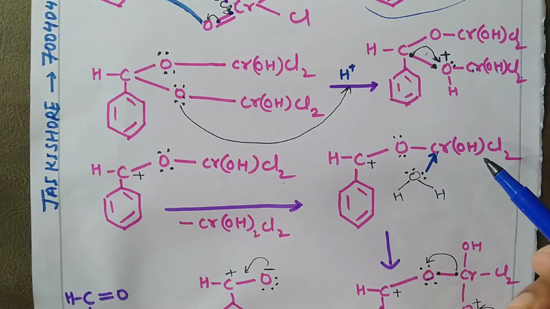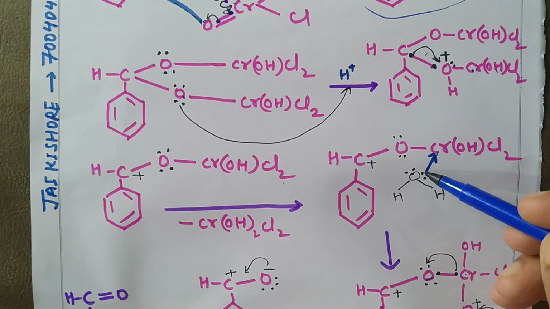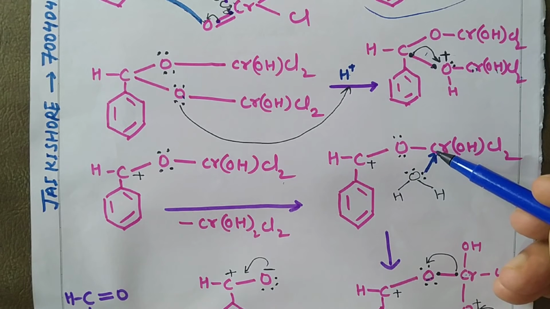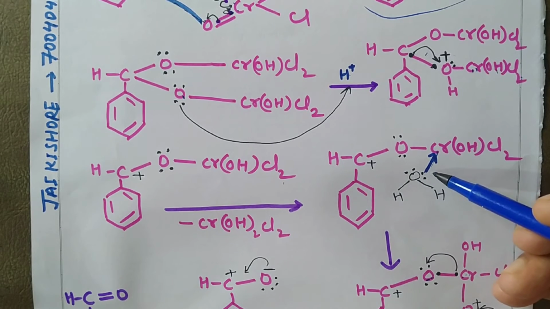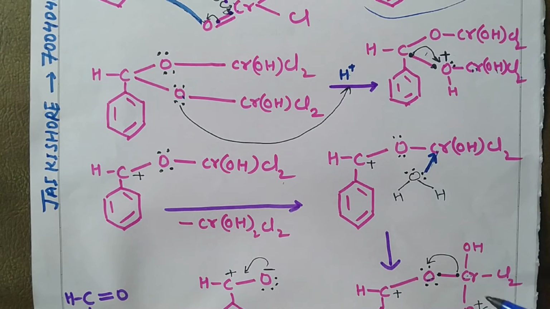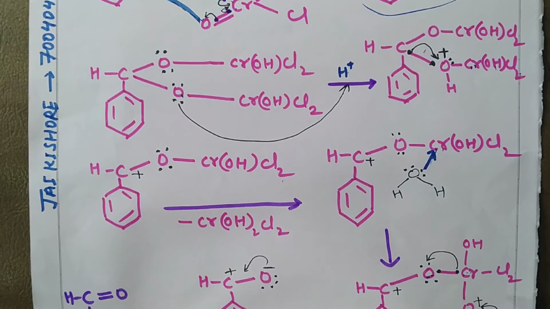As a result, if these electrons are taken by chromium and there will be a bond with the water molecule, oxygen has given an electron, so it becomes positively charged. Now oxygen is an electronegative element and there is a positive charge.